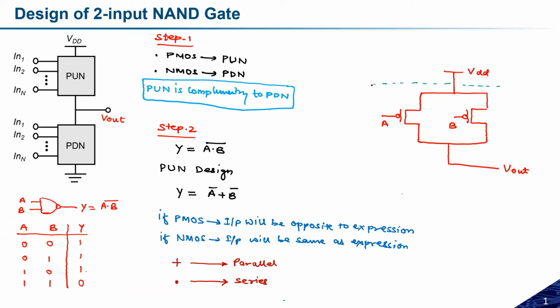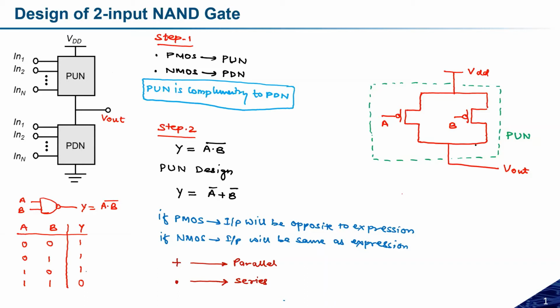It looks simple, especially with fewer variables, but for larger numbers of variables it might be more interesting. This particular block is the pull-up network. I have already written here that if the pull-up network is in parallel combination, then the pull-down network will be in series and vice versa.